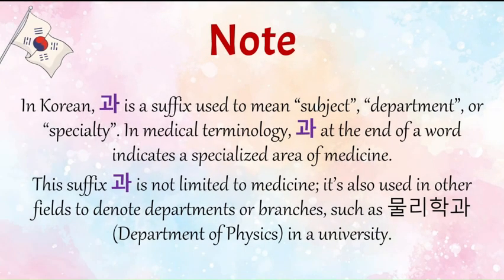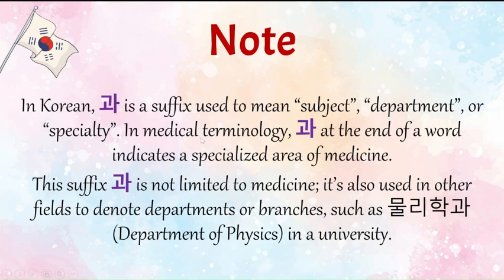Now, here is a very important note before we learn the names of different branches of medicine. So, the note is in Korean, kwa is a suffix that is used to mean subject or department or specialty. So, in medical terminology, kwa at the end of a word indicates a specialized area of medicine.